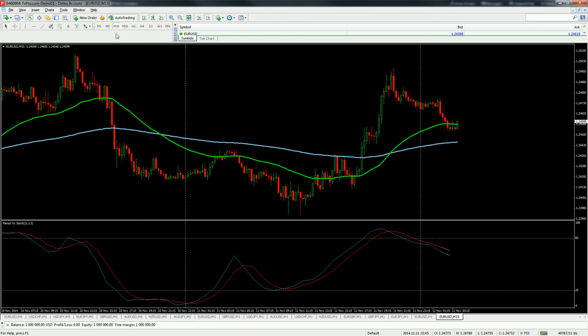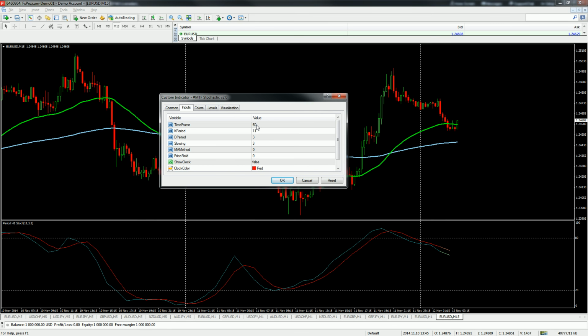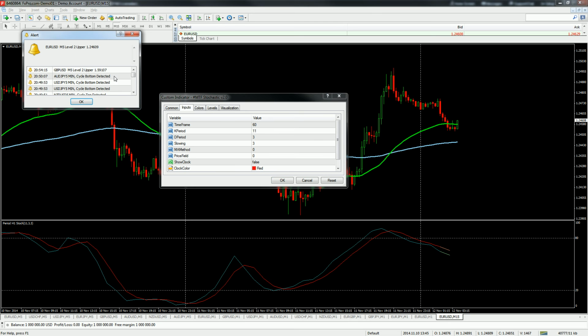Basically, this indicator gives you the opportunity to show what the stochastics look like on a different time frame than the one you're looking at. For example, for the 15-minute chart, you can adjust it, and this is the 1 hour stochastic. So this shows you what the 1 hour stochastic is doing.